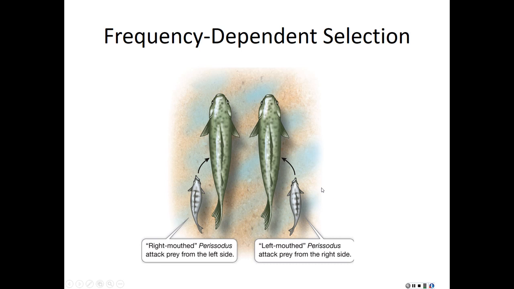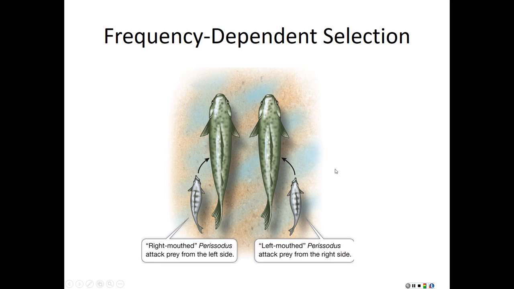So with frequency-dependent selection, typically the less frequent morph in the population has a selective advantage, and thus increases in frequency until it loses its advantage.